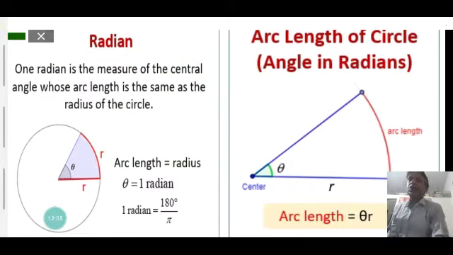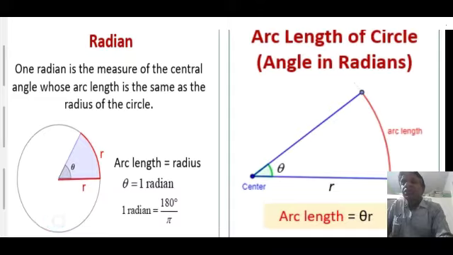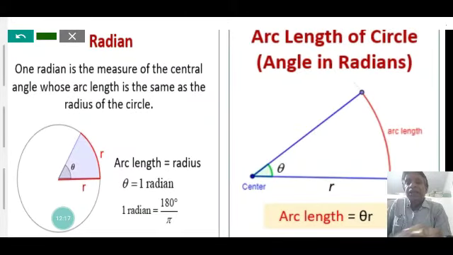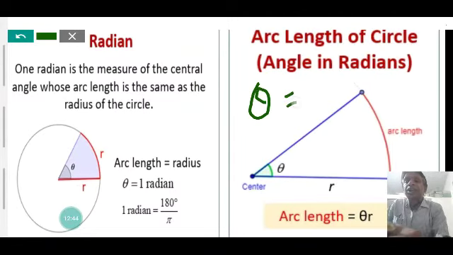Also, on the basis of radian, a very important expression we extracted: the length of arc can be expressed in terms of theta, where theta is measured in radians and r is the radius. So s equals r theta, that is, theta equals s by r, or l by r.